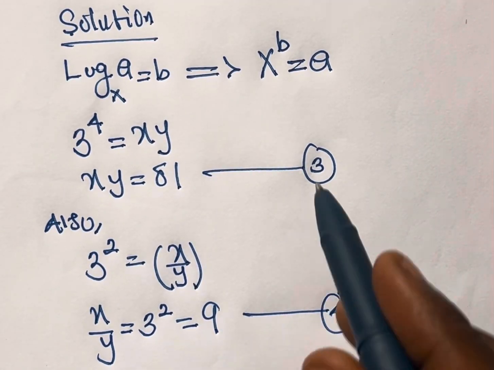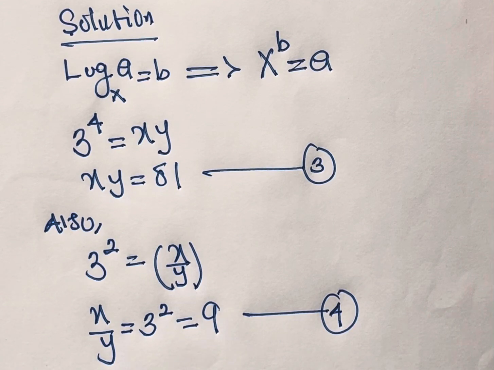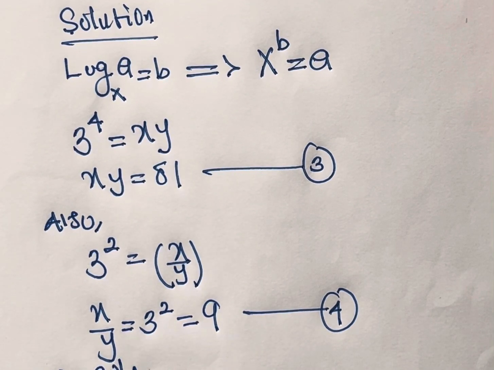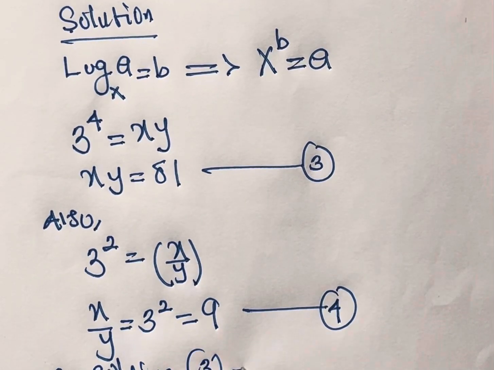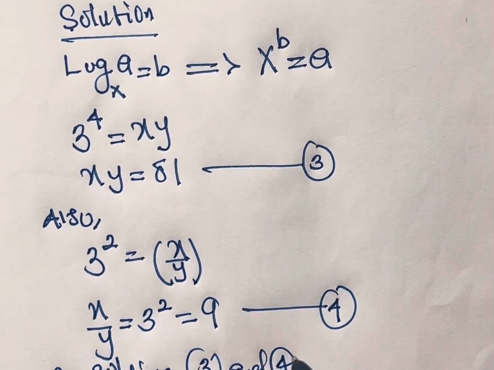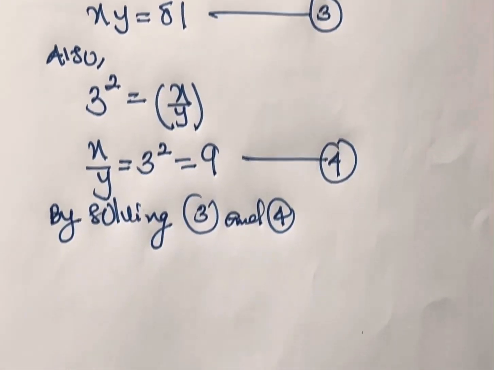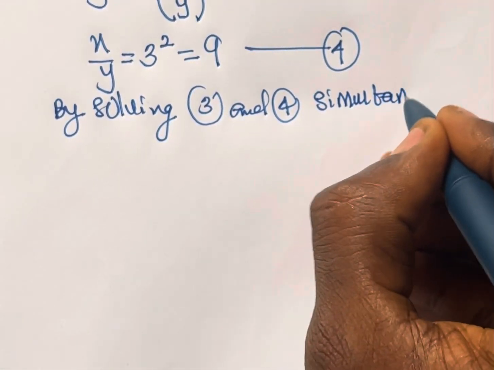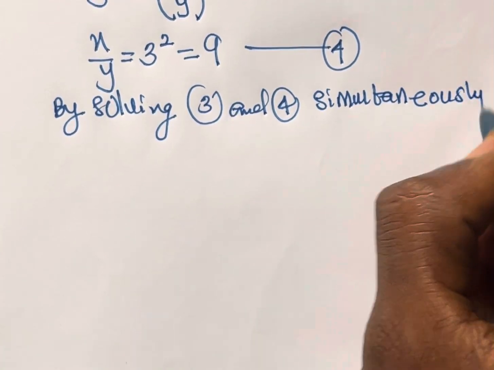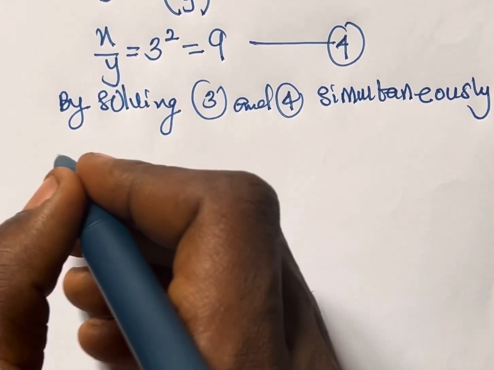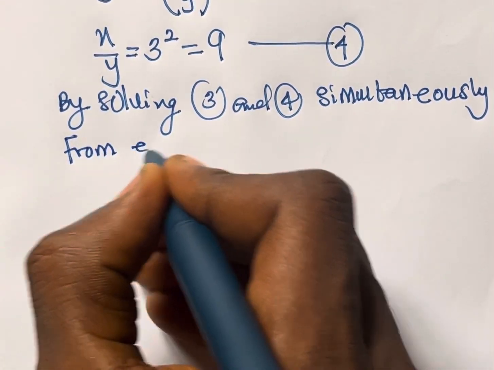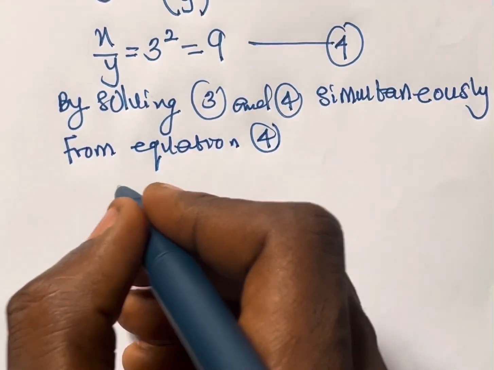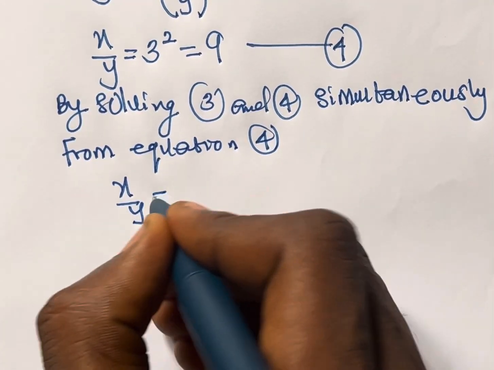So by solving equation 3 and 4 simultaneously, we have, from equation 4, x over y is equal to 9.